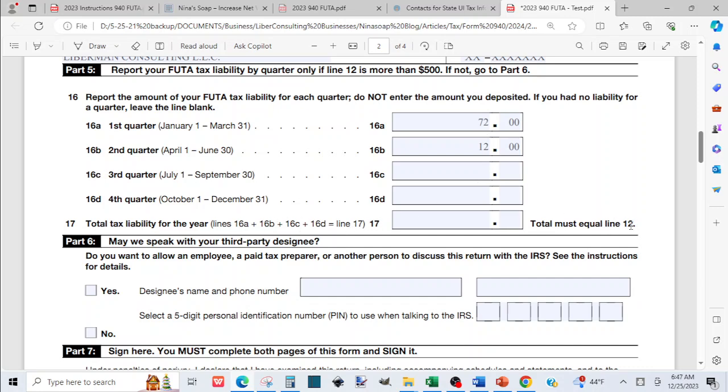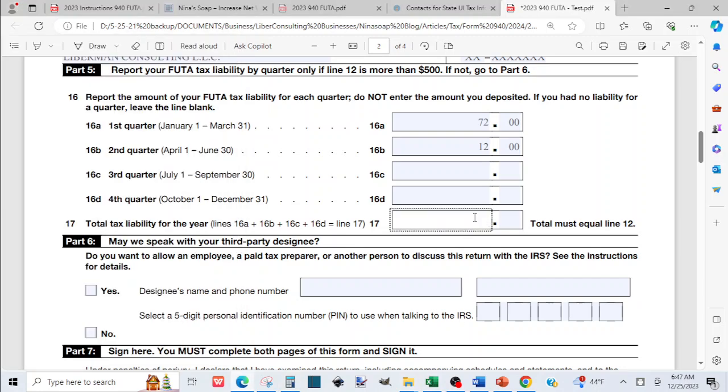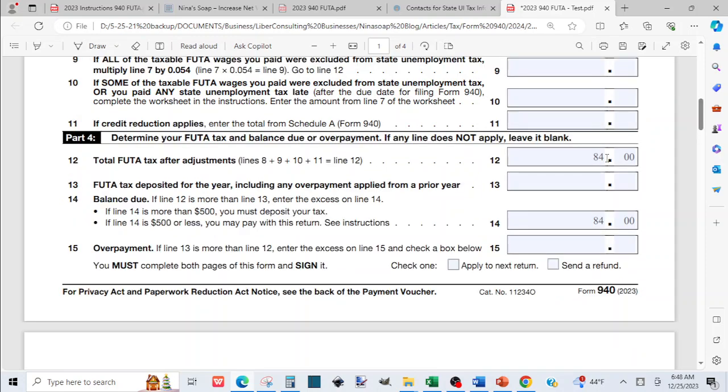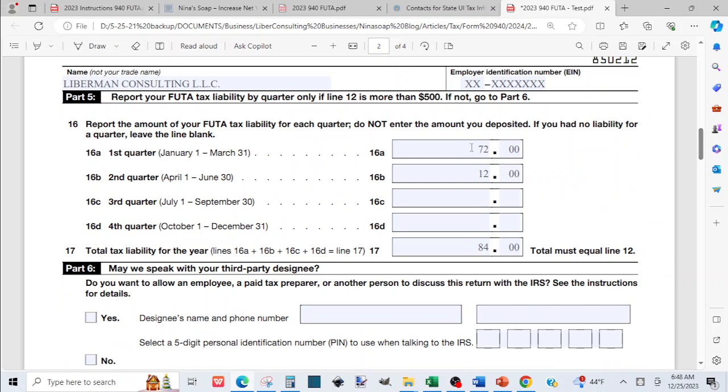The total will be 72 plus 12, and that'll be 84, and that 84 should match line 12, and you can see that it matched. But because our line 12 is less than 500, we are not required to complete it. Therefore, we'll leave it blank.